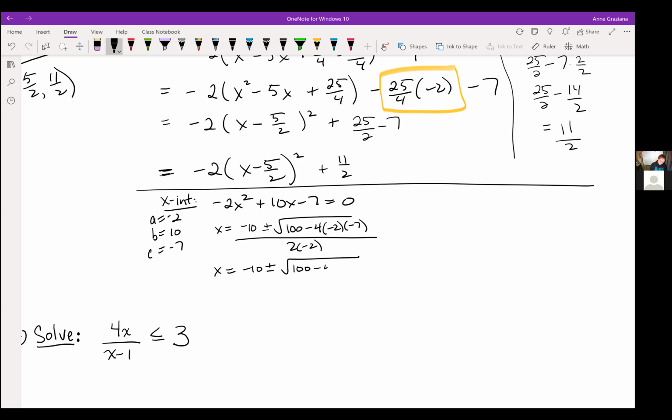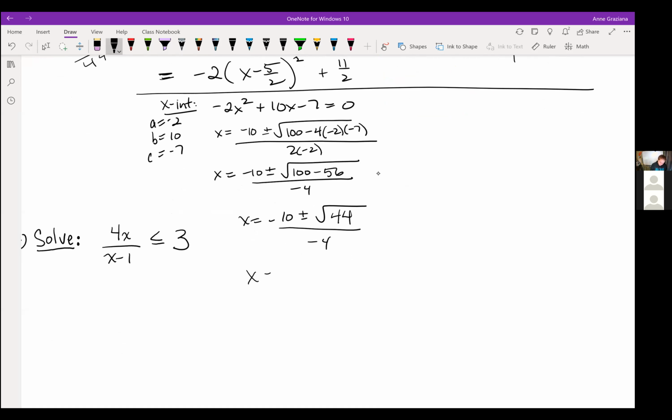Three negatives makes it negative still, over negative 4. So negative 10 plus or minus, what's 100 minus 56? 44? Yeah, that makes sense. Over negative 4.